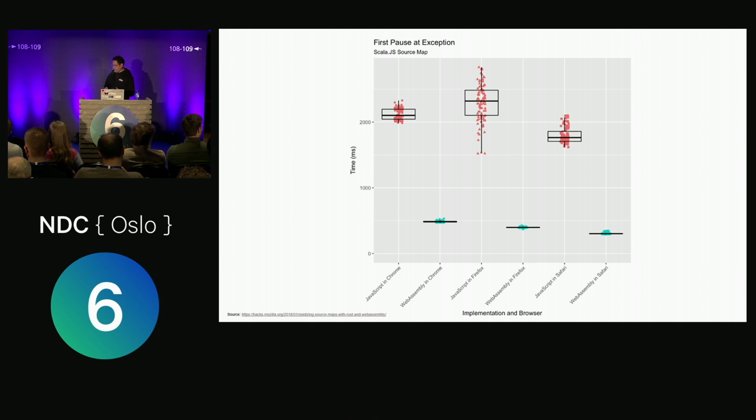I think the most interesting thing with this graph is the spread. If you look at the JavaScript results, you can see quite a high spread in this box plot. That means that if you use JavaScript, you're not really guaranteed what kind of execution time you will have for your JavaScript functions.